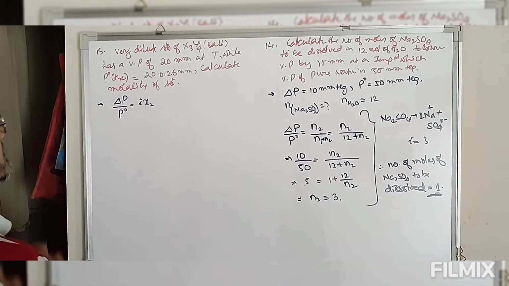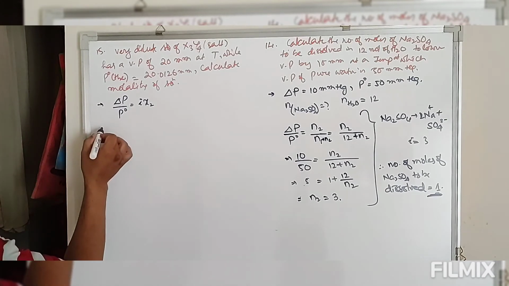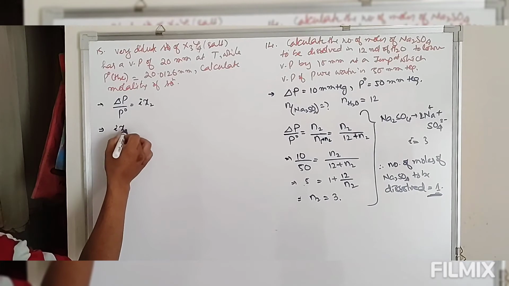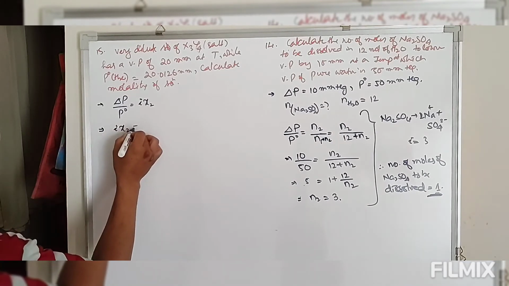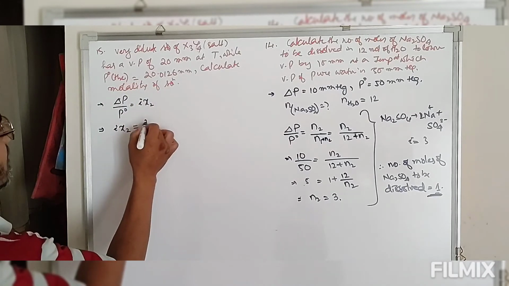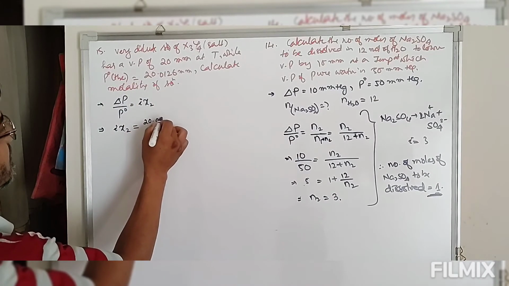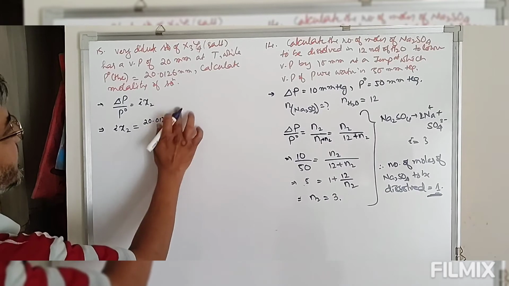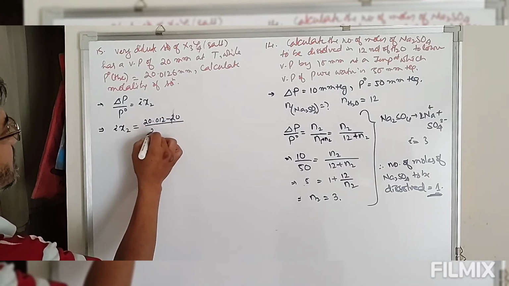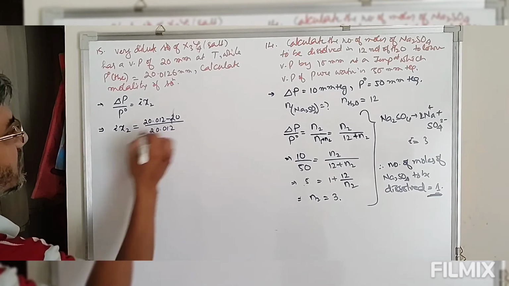So I times X2 is equal to delta P, which is P naught minus Ps, divided by P naught, 20.012.